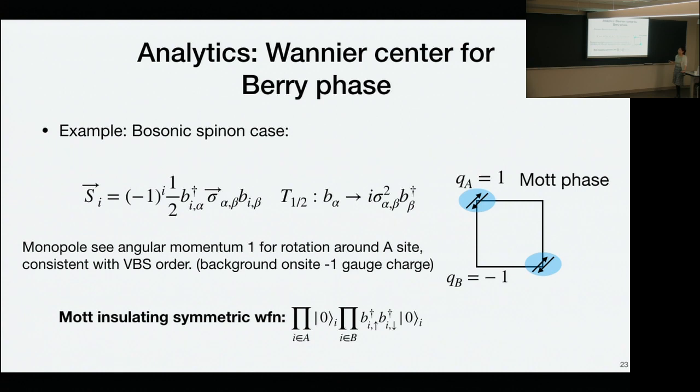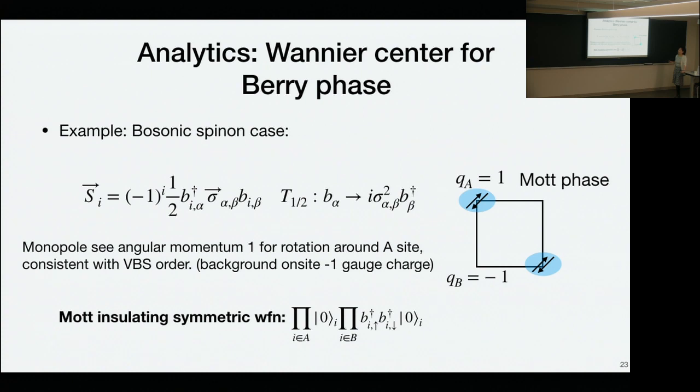So in the Néel ordered phase, we rewrite the physical spin operator as a quadratic term of the bosonic fields. Upon translation, the bosonic field has to go through a particle-hole transformation as well because of the Néel-ordered formulation.